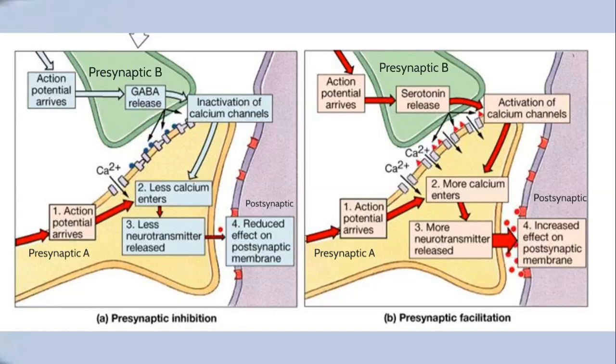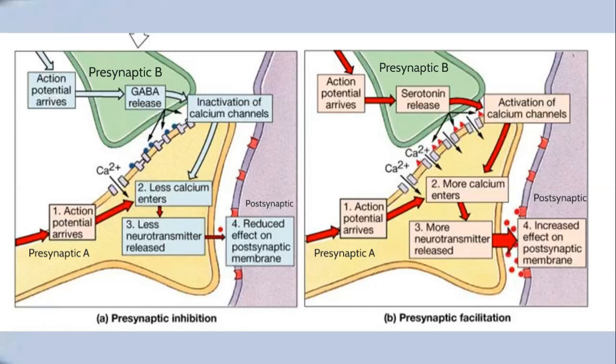So if this cell is having an action potential, it's about to release a neurotransmitter. This doesn't say what neurotransmitter it is, so let's just say, sorry, glutamate. So the action potential has happened. The action potential has regenerated down the length of the axon. It gets to this presynaptic terminal. It opens these calcium channels. Calcium is supposed to come in to induce exocytosis.